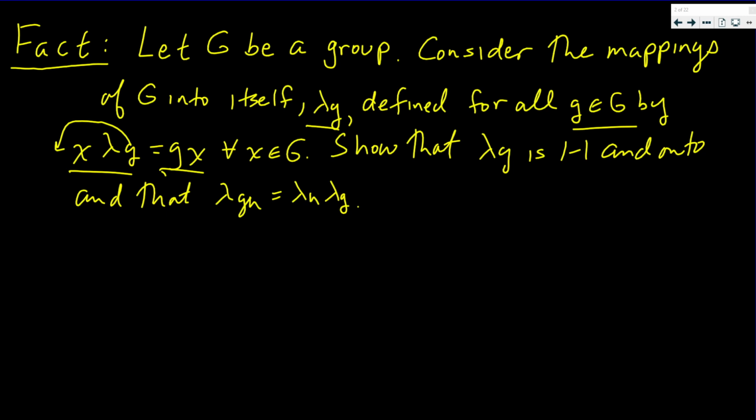We want to show that each lambda sub g is one-to-one and onto, and that lambda sub gh is the same as lambda sub h times lambda sub g.